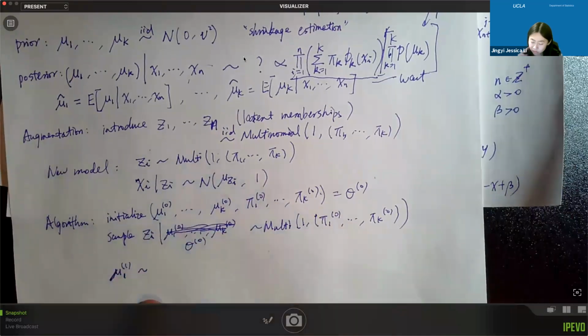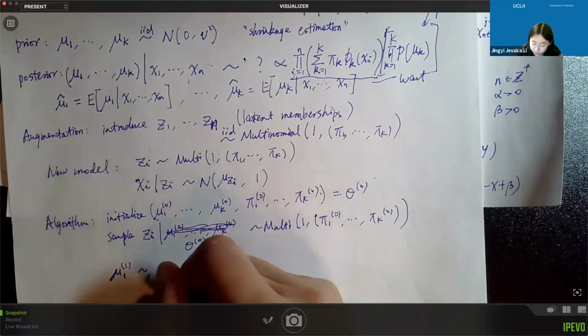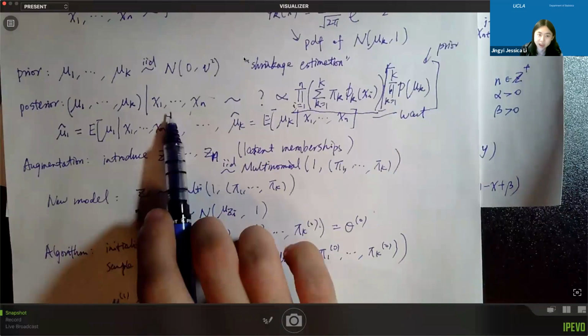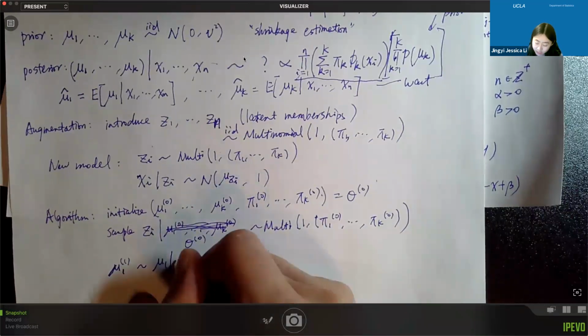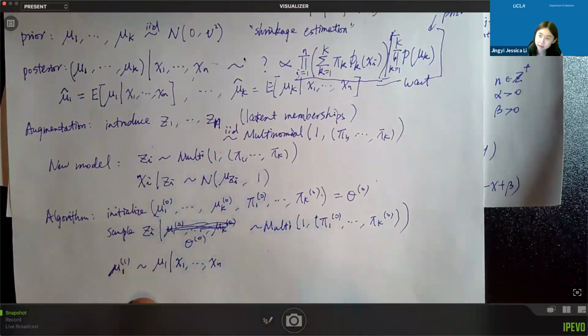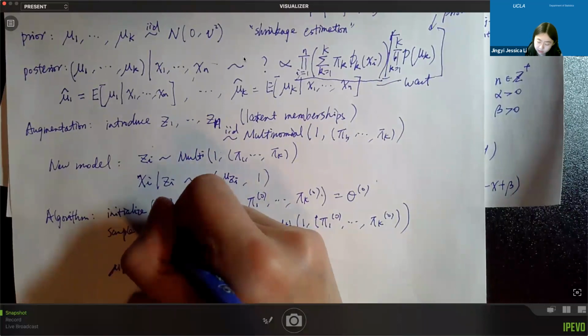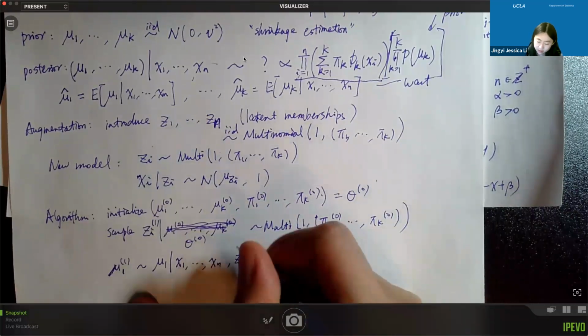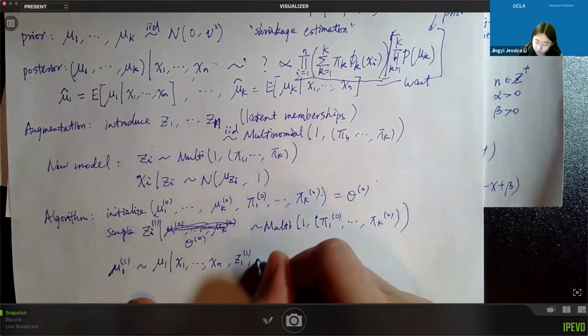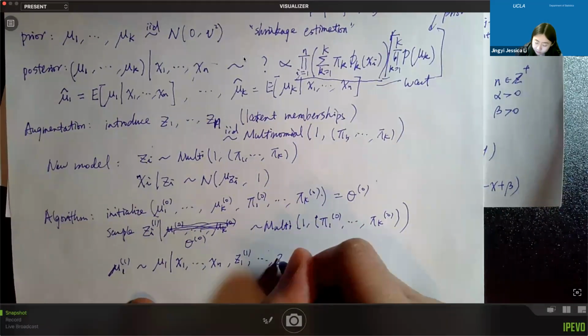But the posterior is not going to be the posterior we have here. This is going to be the posterior of mu1 conditioning on x1 to xn, our data, as well as our sampled latent variables, z1,1 to zn,1.